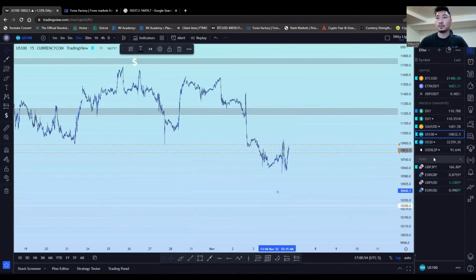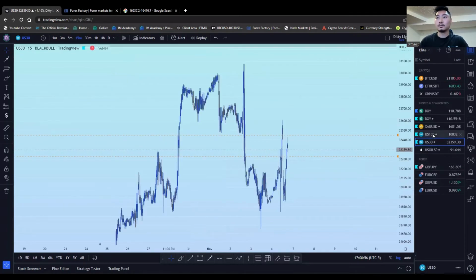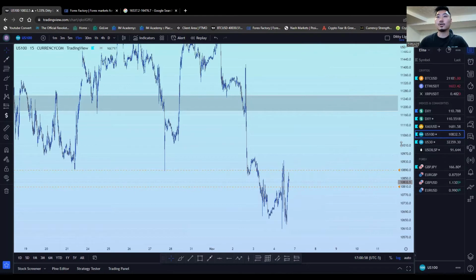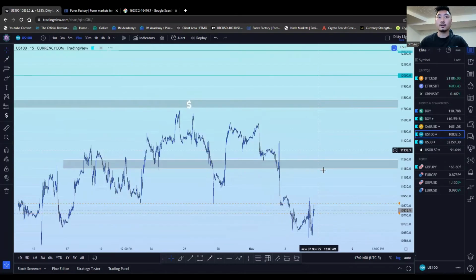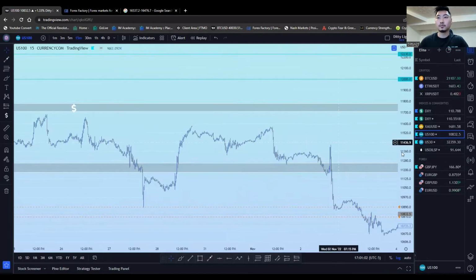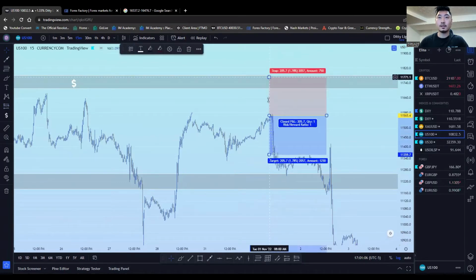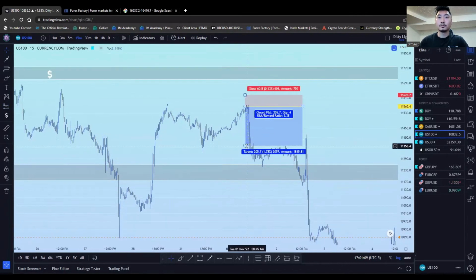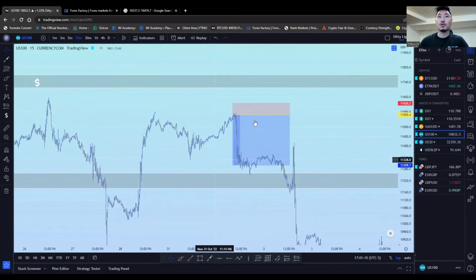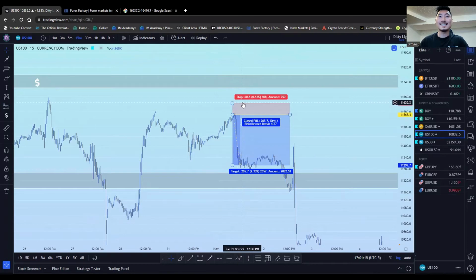Amazing. So on, let's say, NAS, if you took a position in the market, let's say you took this short. This is just an example. So you would see here the stop, 60.8. What is 60.8?